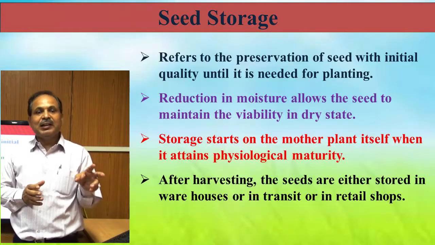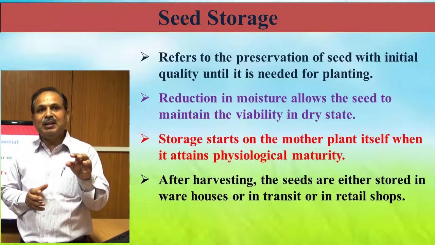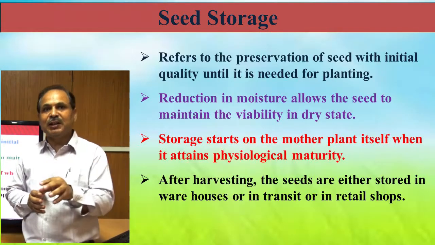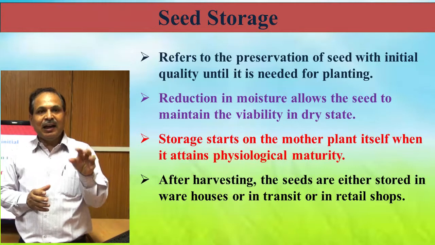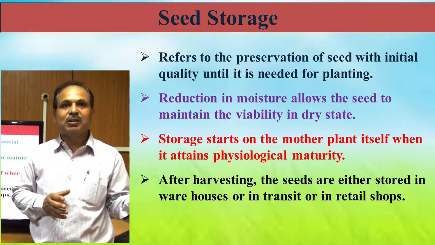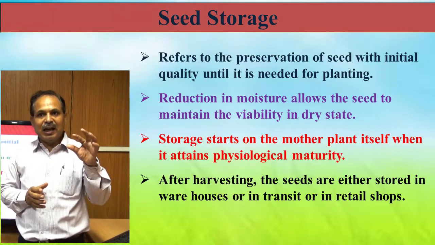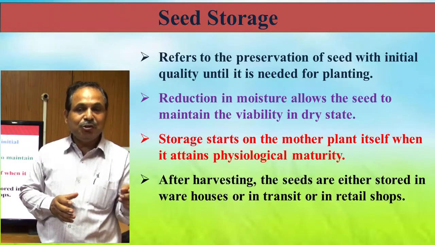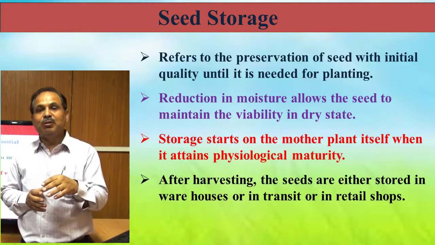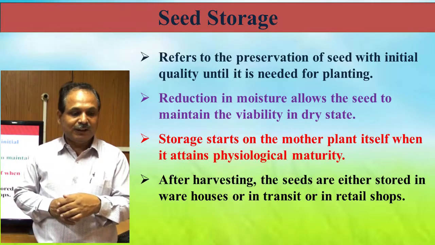We know very well that physiological maturity is the time at which the maximum accumulation of dry matter takes place. But at that time, the moisture percentage is a little bit high. We already talked in the previous classes that the moisture percentage at physiological maturity is 30 to 40%, which is not suitable for harvesting as well as for the next process of seed processing.